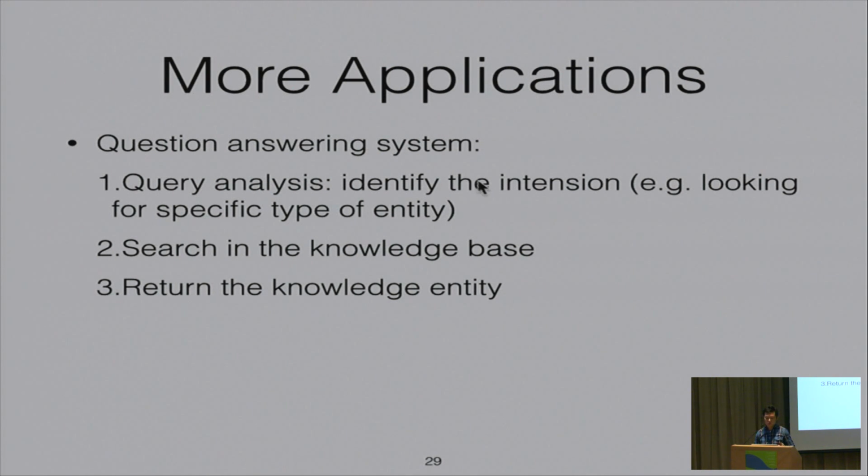In order to really answer a question, we have to do more advanced query analysis to identify what the user's intention is. For example, we have to identify the knowledge entity type they are looking for, and after that we can generate some search queries to our knowledge base, and then we can get some knowledge entities and return those to the user to answer their question. Based on this, we can implement a knowledge answering system.